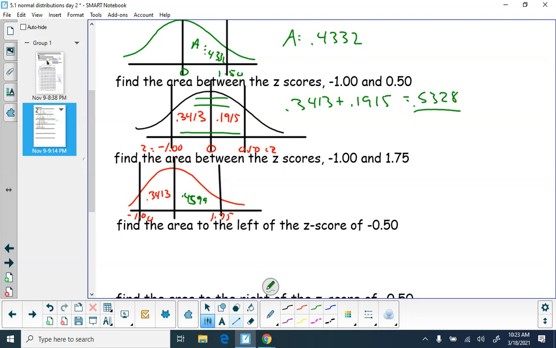Katie, what do we have to do with these two values? And what do you come up with? And that is this area right here.